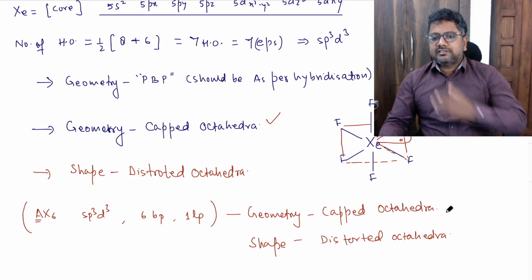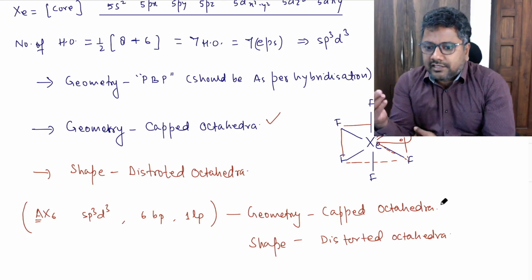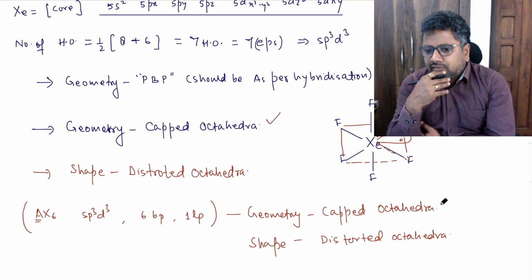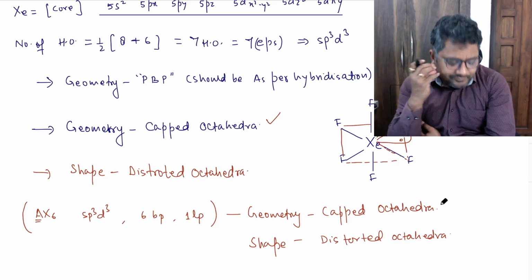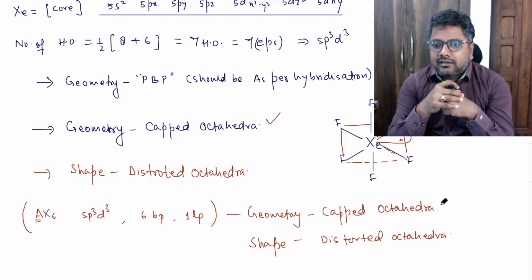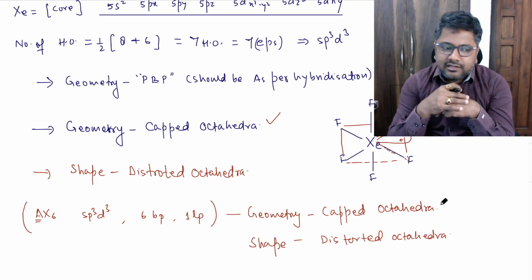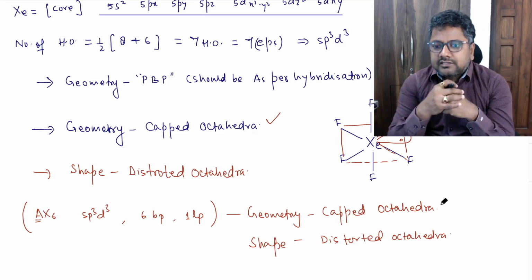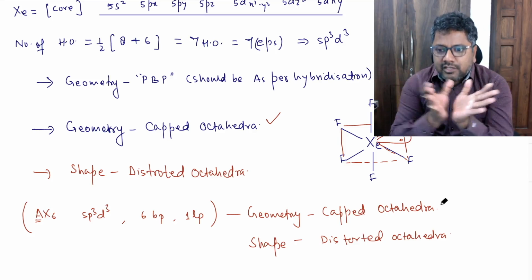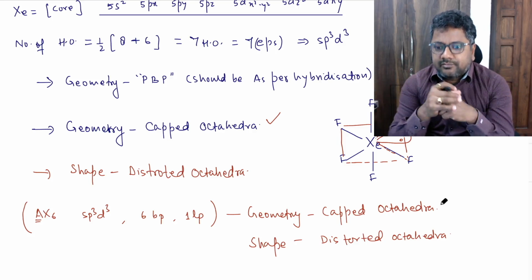Why does this happen? This is related to the repulsions between fluorine atoms and the lone pair in space. As all of you know, in PBP, pentagonal bipyramidal, there are 72-degree bond angles and 90-degree bond angles, but here all the bond angles are close to 90 degrees. This gives way to fluorine atoms, so the repulsion is minimized.